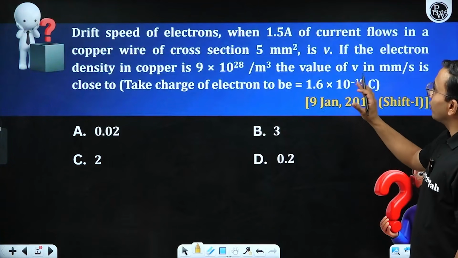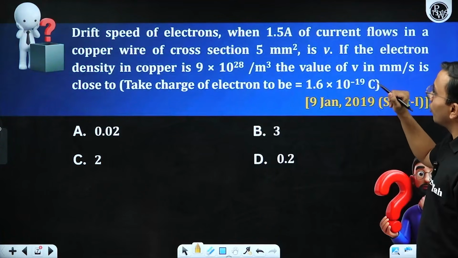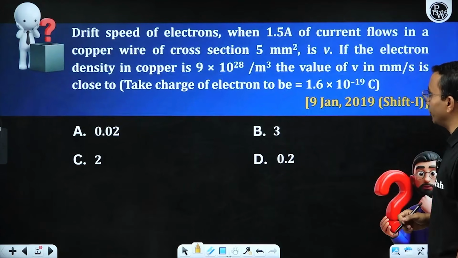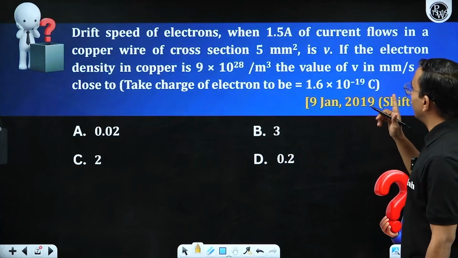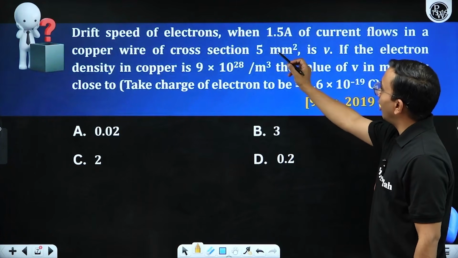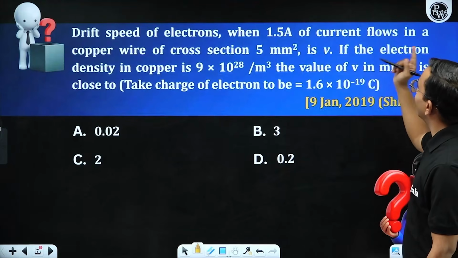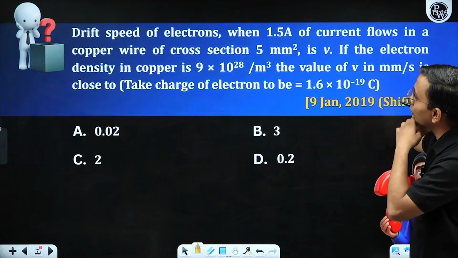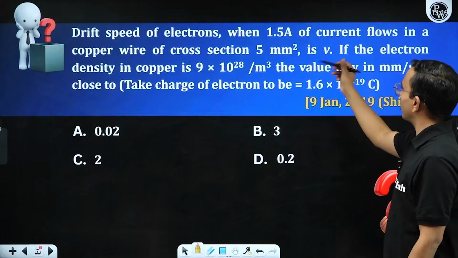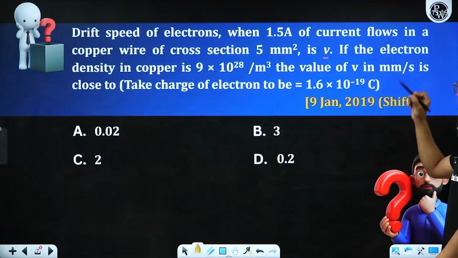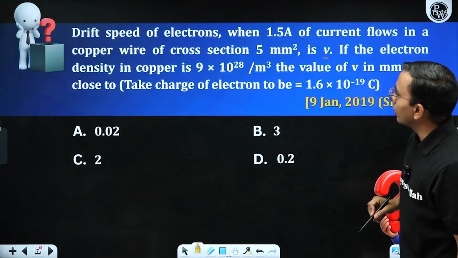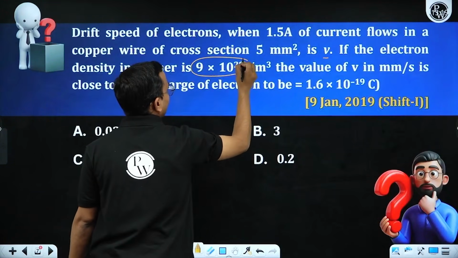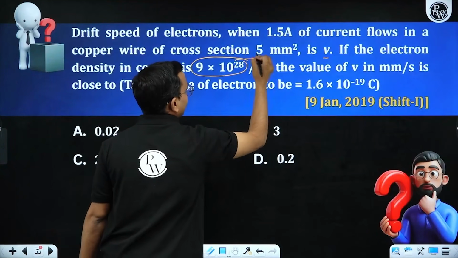Drift speed of electrons when 1.5 ampere of current flows in a copper wire of cross section 5 mm square is V. Now V drift is given to us. Here you see this is the cross section and this is my drift V. If the electron density in copper is this, this is my n, small n, electron density that I considered.